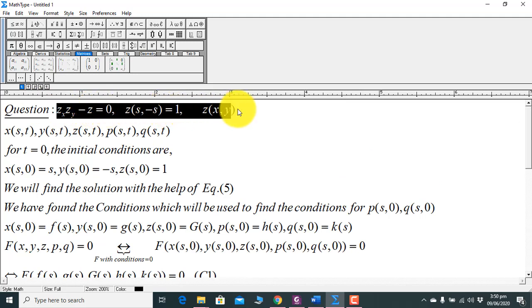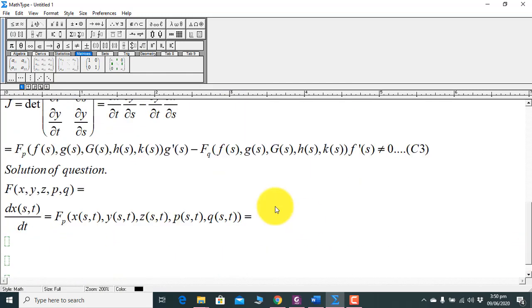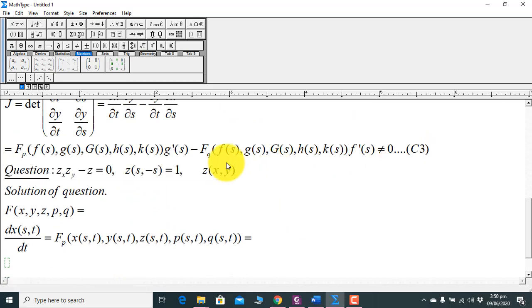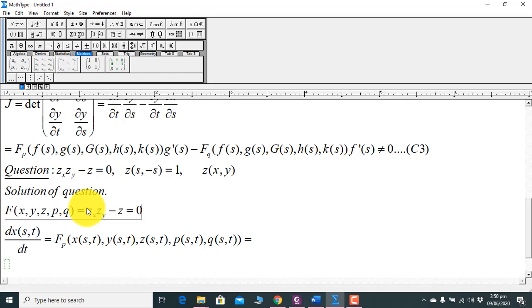So I repeat the question for you, and I am writing it there. Capital F is all the left hand side, and this is equal to 0. You know that, you don't have to write it, but to be very precise.